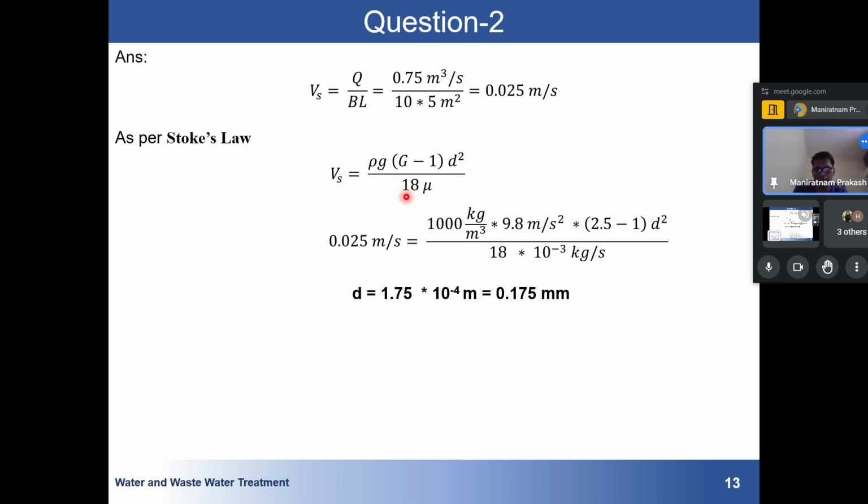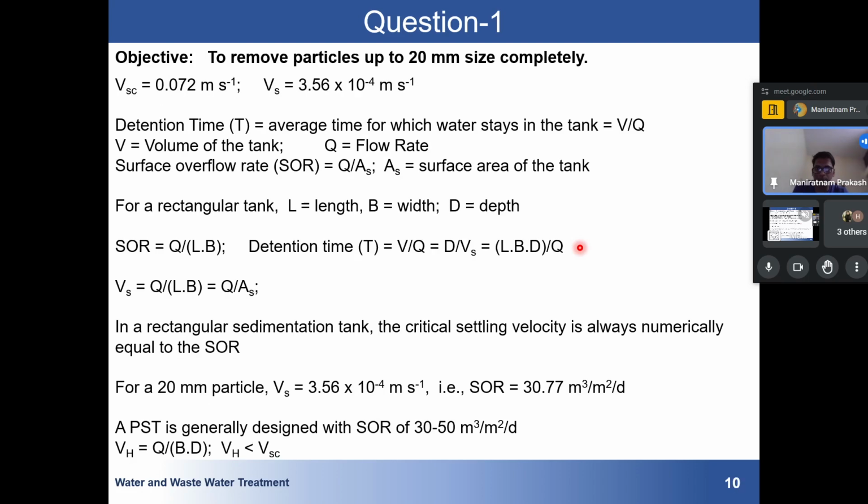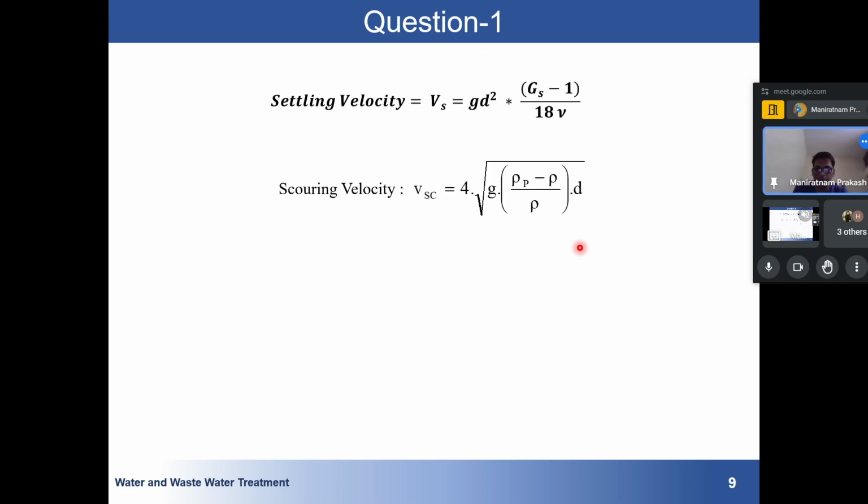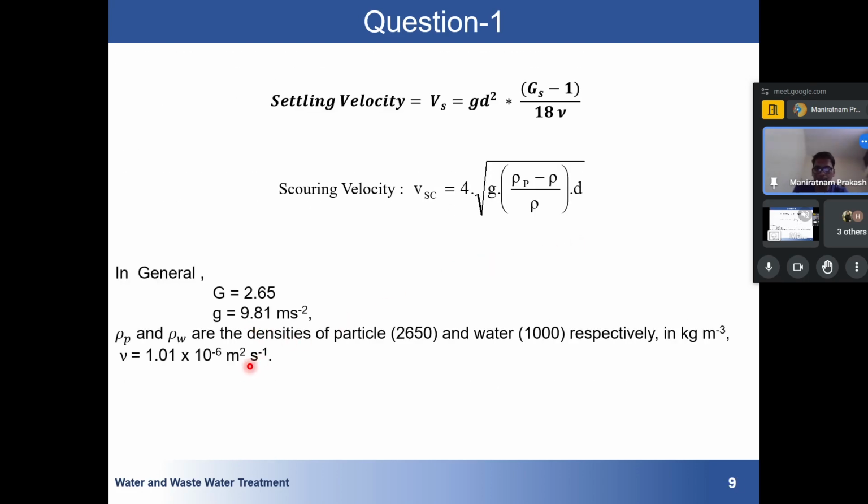Now just imagine that your given unit is kinematic viscosity. Then what will be the unit here? What will be the unit of kinematic viscosity? The unit of kinematic viscosity I have written here. It is meter square per second.